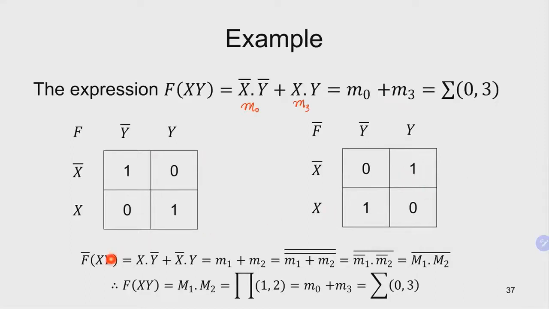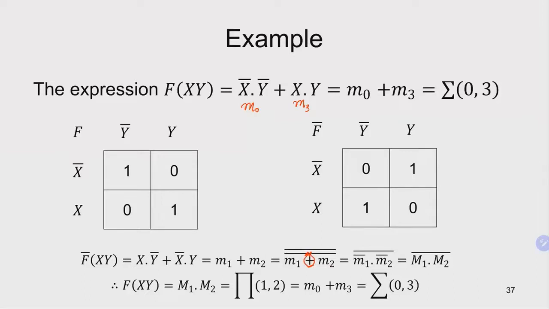So if we take the inverse function and write down its minterms, we have m1 plus m2. And if we double invert this function, then we can apply De Morgan's on the inner bar. So we break this bar, and then we change the sign. So we have m1 bar AND m2 bar.